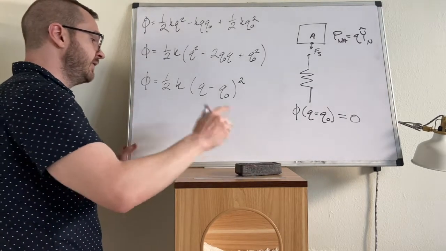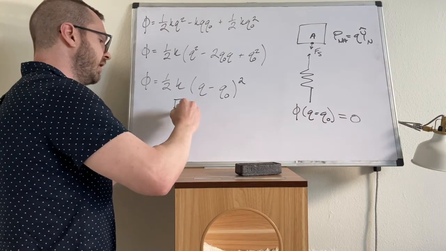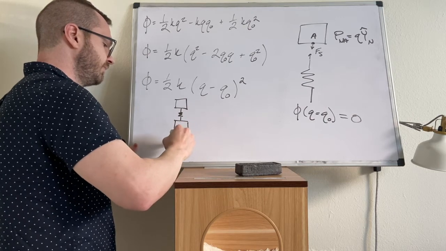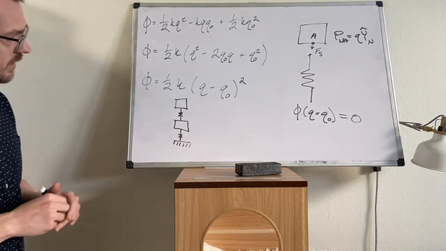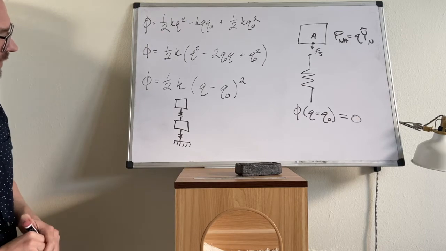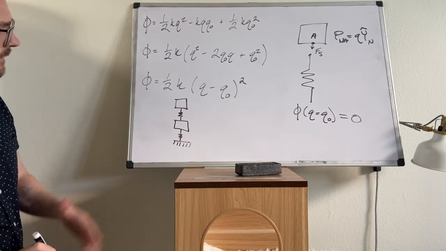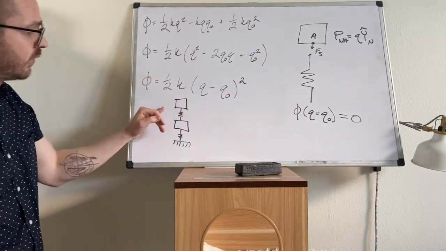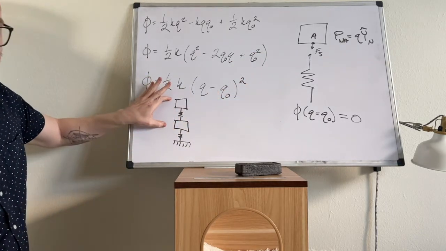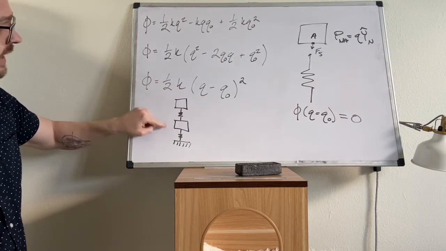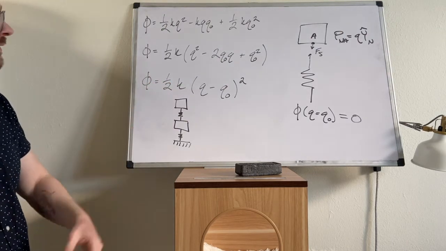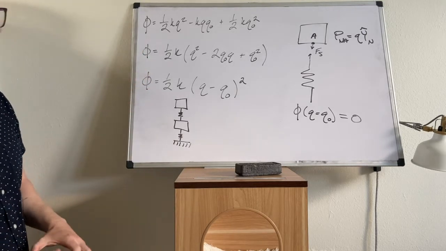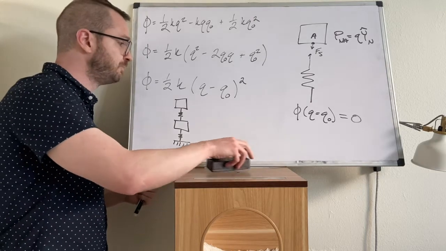What if you had multiple blocks on top of each other, etc.? However many blocks you have in this chain of springs, you come up with an expression for the spring force, and in this case, it's going to be a function of two moving bodies. So it's going to have a q1 and a q2 in it, and then you take that, put it into your expression, integrate, and you can find the energy.